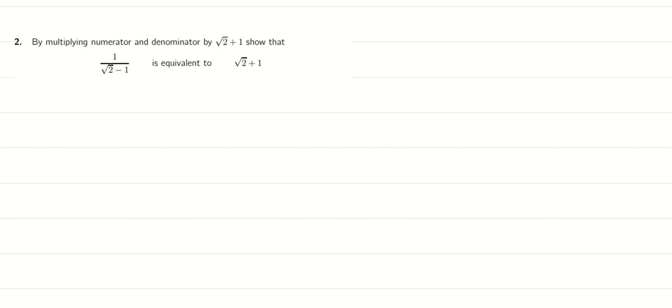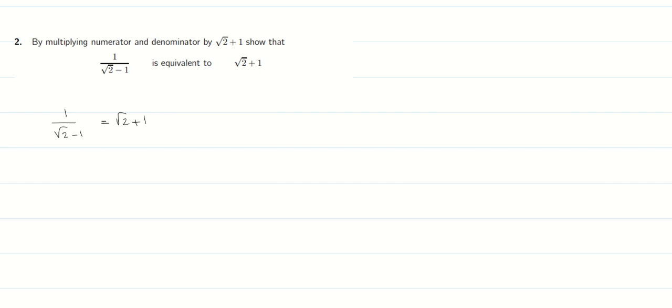Okay, now on this question, we want to rationalize the denominator. So we have the expression 1 over the square root of 2 minus 1. We want to rationalize the denominator and prove this value would be equal to the square root of 2 plus 1. In order to rationalize the denominator, we have to multiply the top and bottom by the conjugate of the denominator.